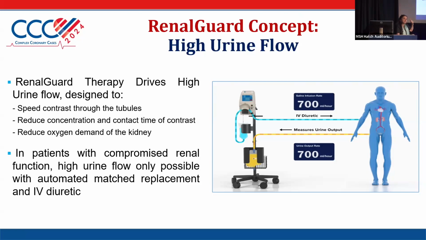And this comes from the Prince trial that took place over 30 years ago, showing that if you had 150 cc's per minute of urine outflow, a high urinary outflow, you could protect the kidney, which basically had to do with hydration. And this is what they did.